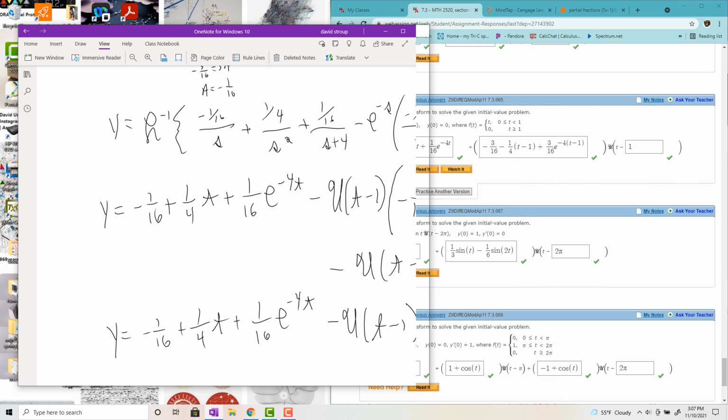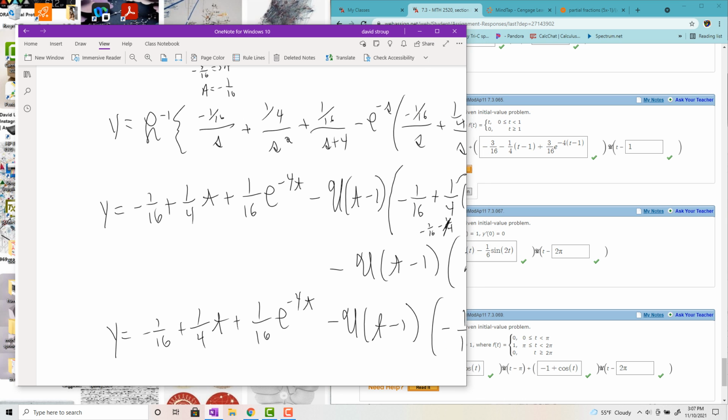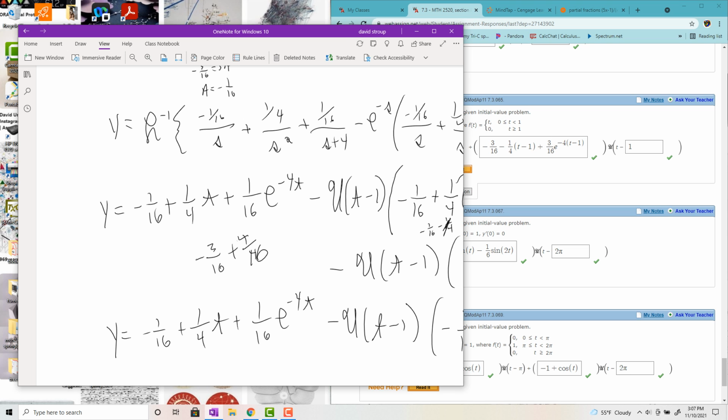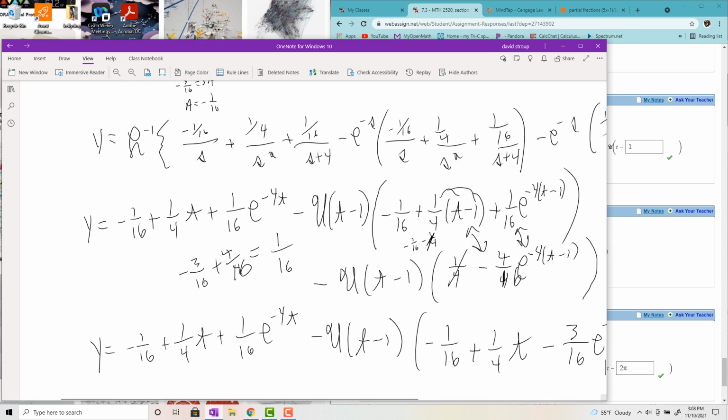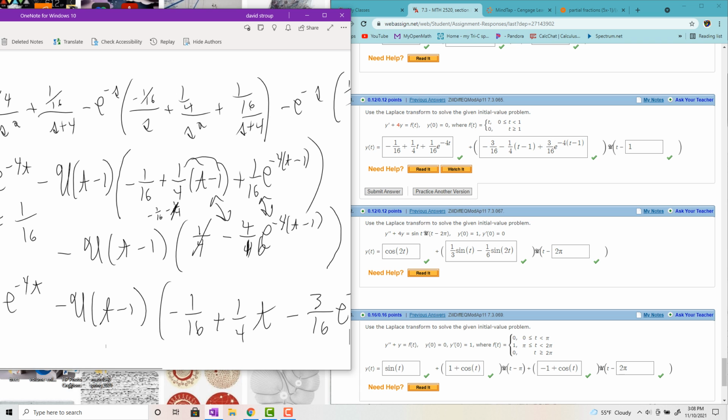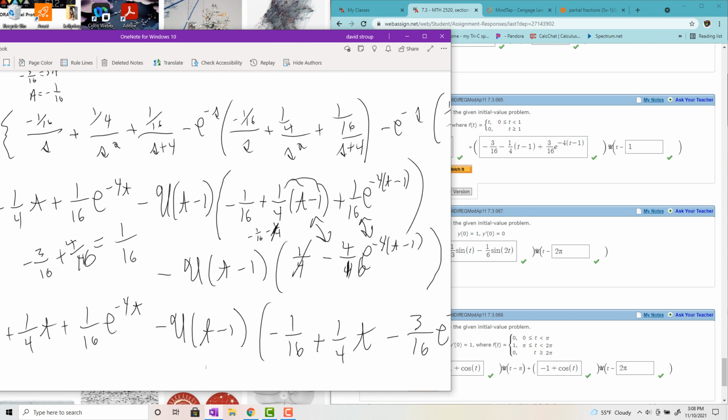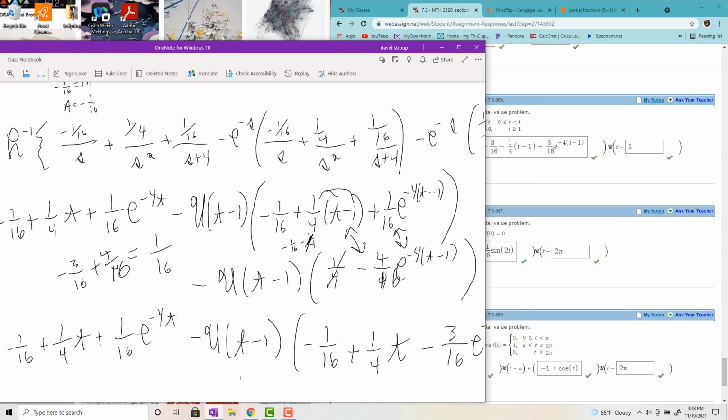I didn't distribute the negative 1/4, but if I did, it would be negative 3/16 plus negative 3/16 plus 1/4, which is 4/16, which is positive 1/16. Definitely positive, right? Which isn't what I want. I want negative 1/16.